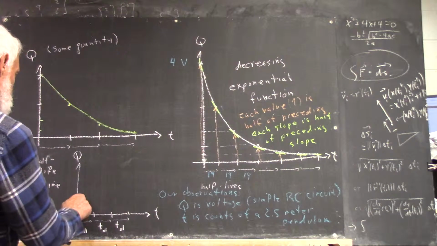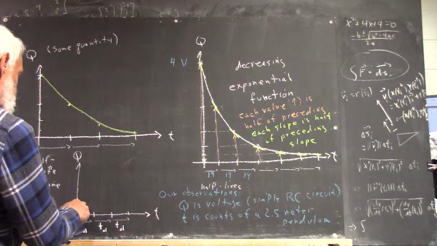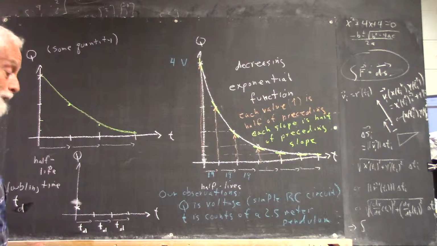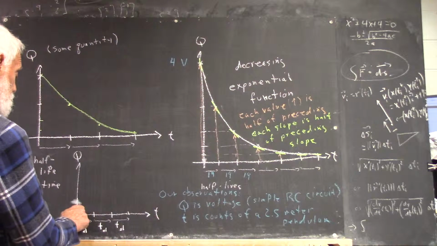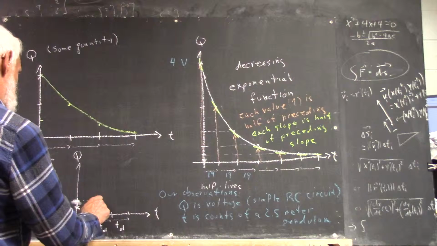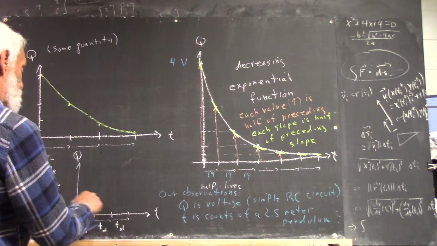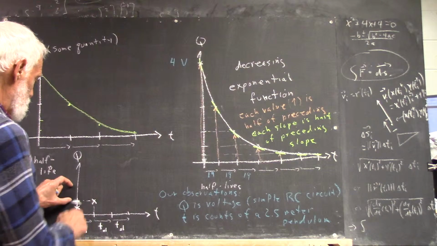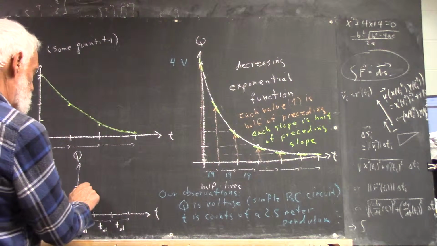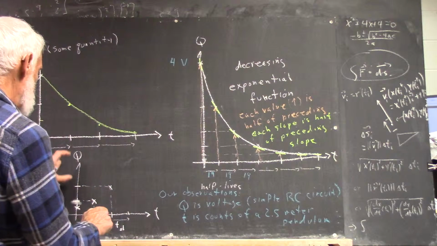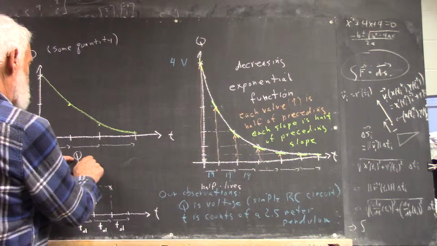I actually want to start a little lower. So here's our quantity. This point is on the graph. After a doubling time, this quantity will have doubled. After another doubling time, it will have doubled again. And after another doubling time, it'll be all the way up here.